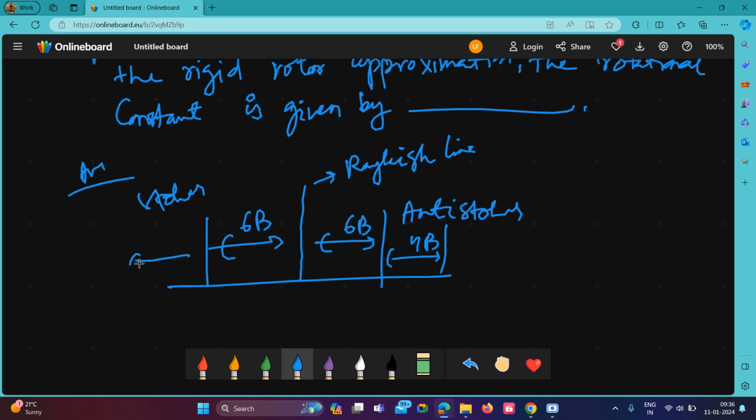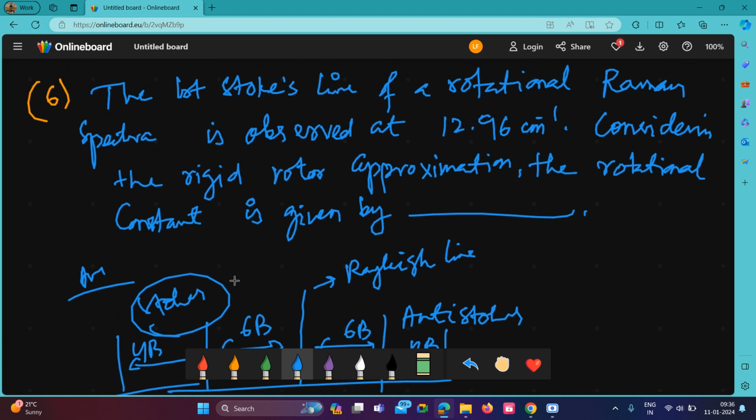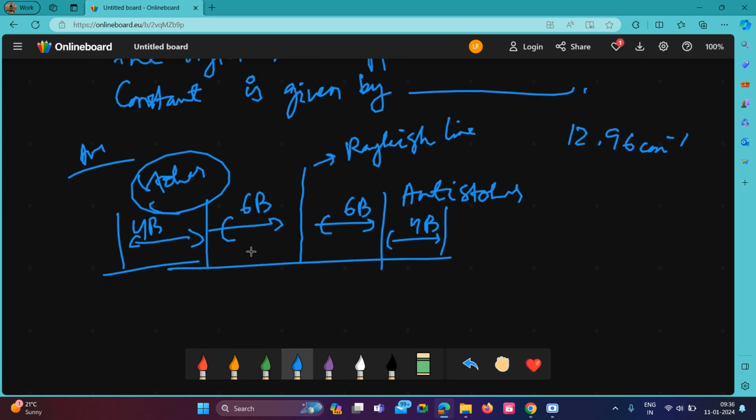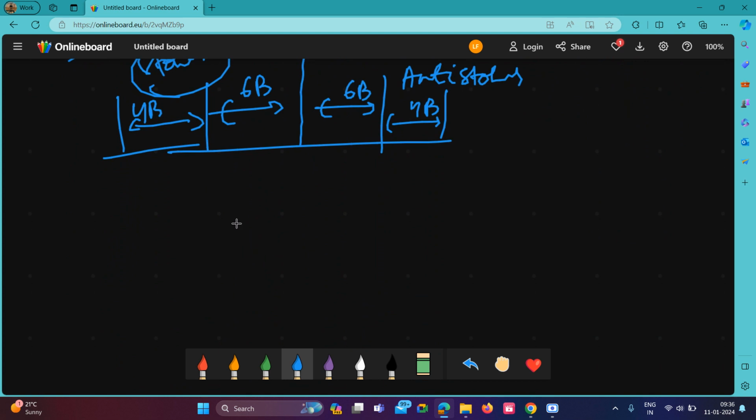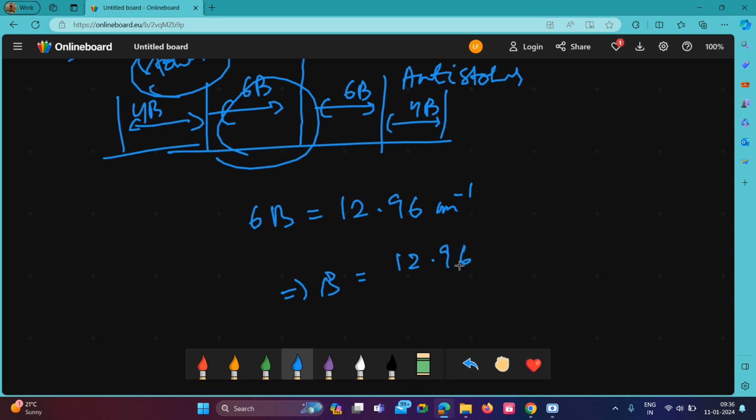So the first Stokes line is 6B, which is equal to 12.96 centimeter inverse. So B is equal to 12.96 divided by 6, that is 2.16 centimeter inverse.